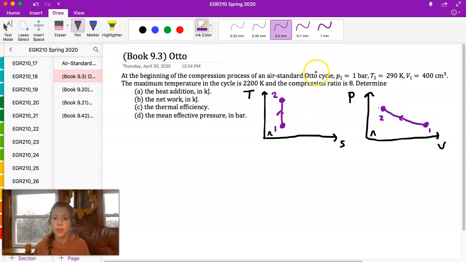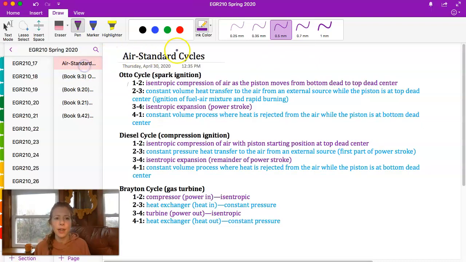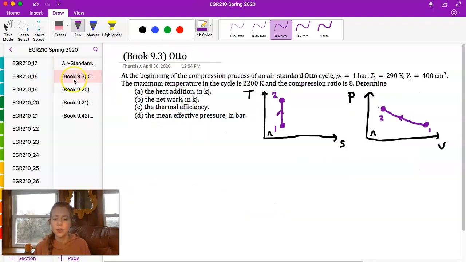And so then for process 2 to 3, let me just flip back here. We have constant volume heat transfer to the air from an external source while the piston is at top dead center. And so in this case, we're going to have an increase in temperature and we get an increase in entropy.